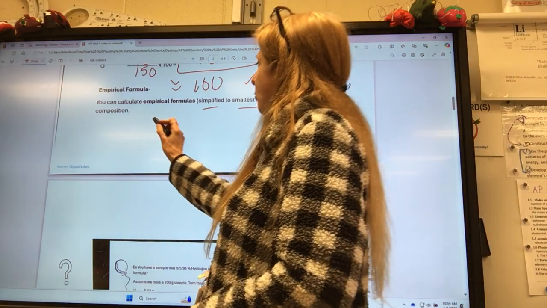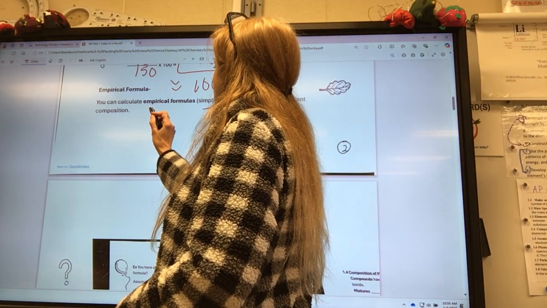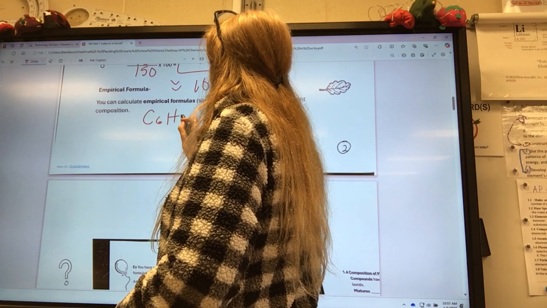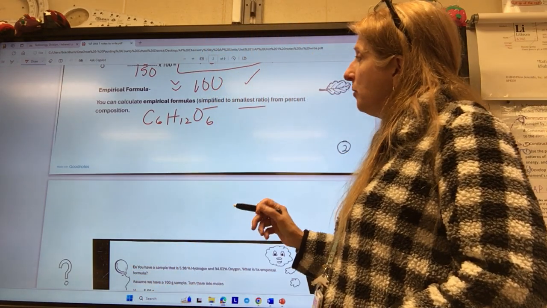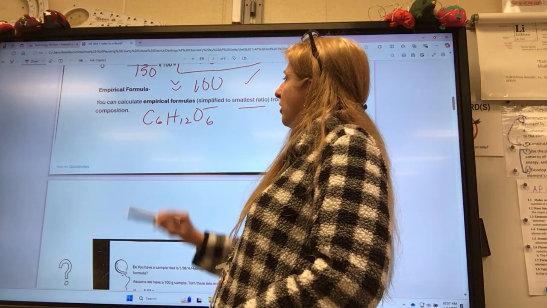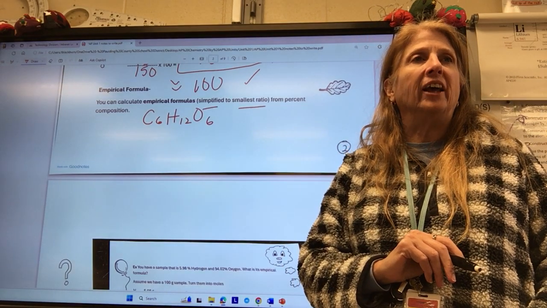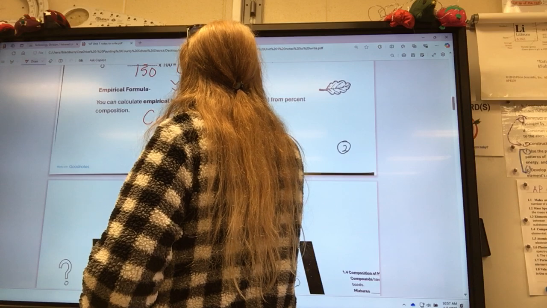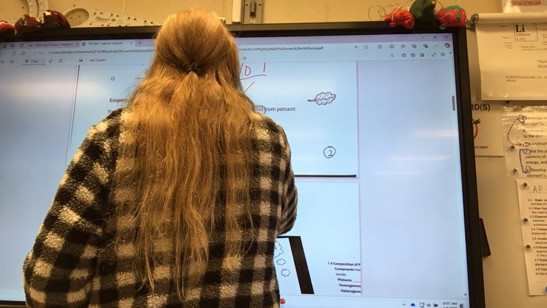So what's empirical formula? If I had C6H12O6, sugar, you notice that all of these subscripts have something that can be divided into them, a 6. So we could reduce this formula and it's CH2O.